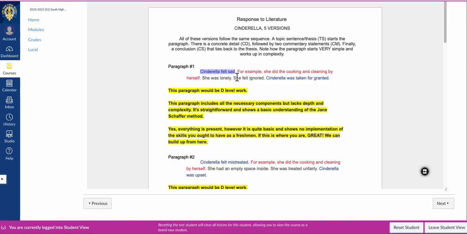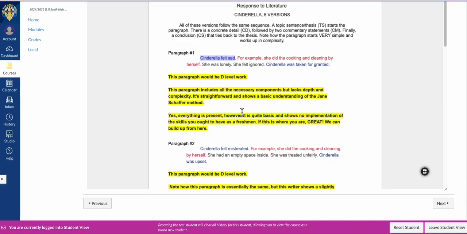Now, paragraph 2 is also a D-level paragraph because for all intents and purposes, it is the same thing. This student, rather than saying she felt sad, used their emotion wheel. They found a different word for sad, and they threw in mistreated. Now, that's fantastic. We're trying to broaden the vocabulary. However, the sentence is still simple.